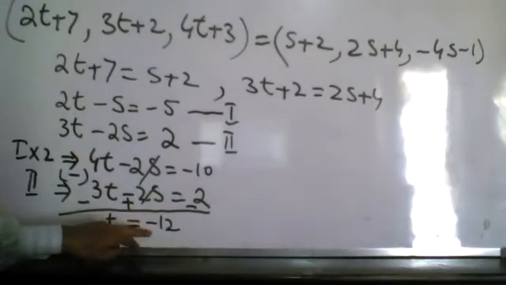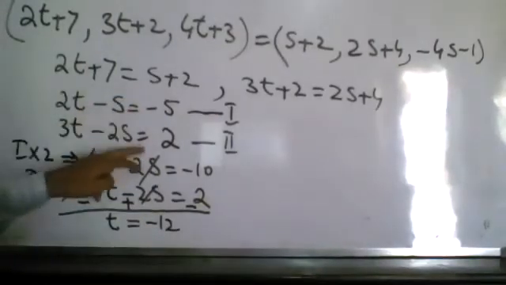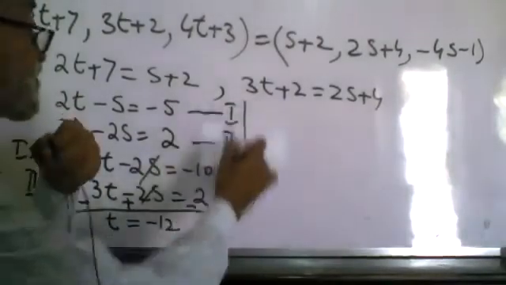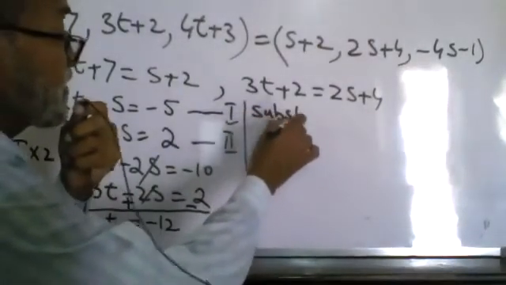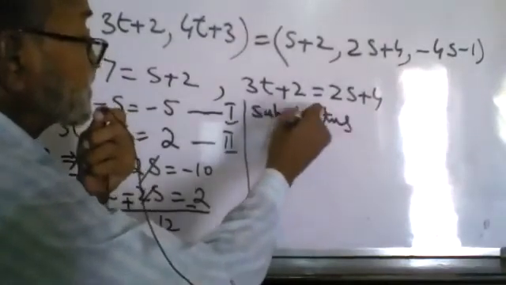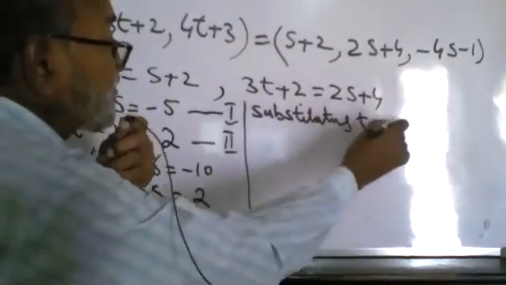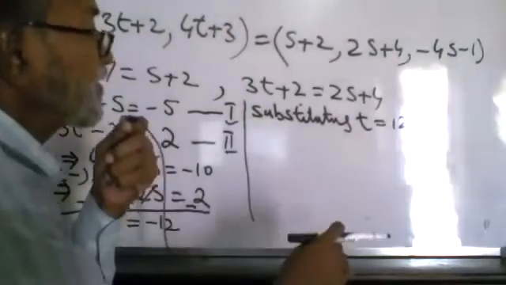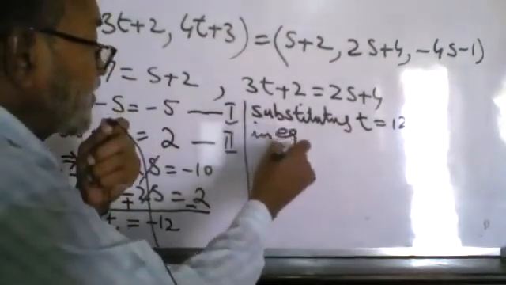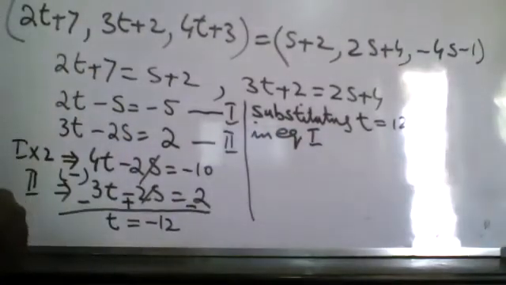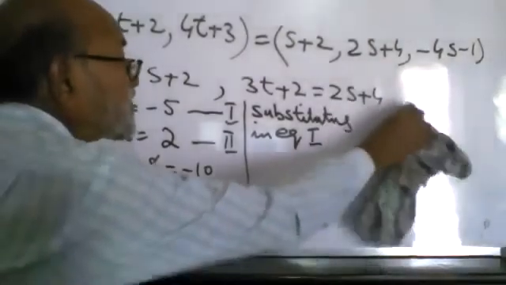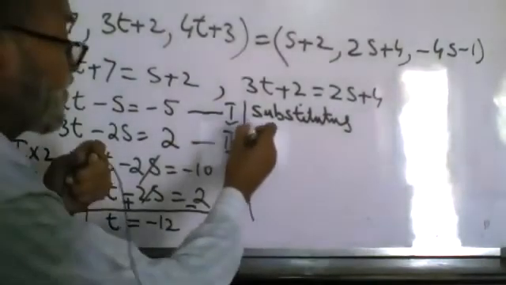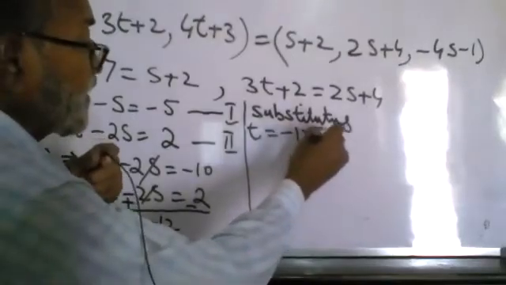That value may be substituted in one of the two equations to find the value of S. Substituting t is equal to minus 12 in equation 1.